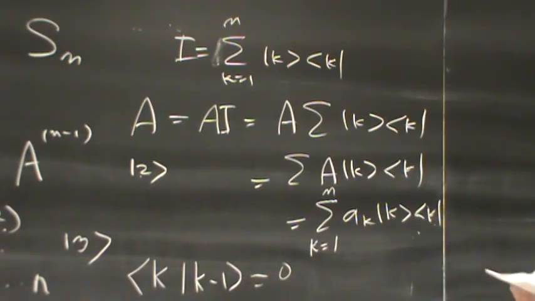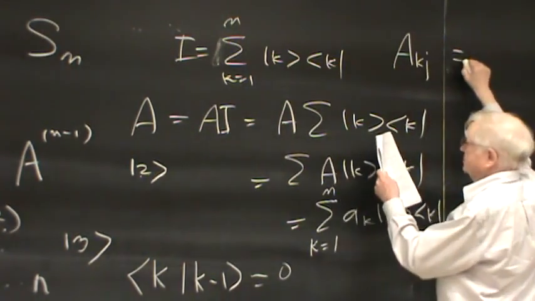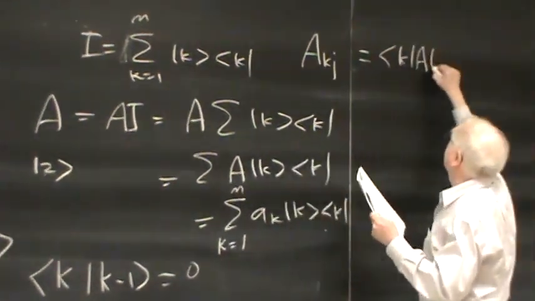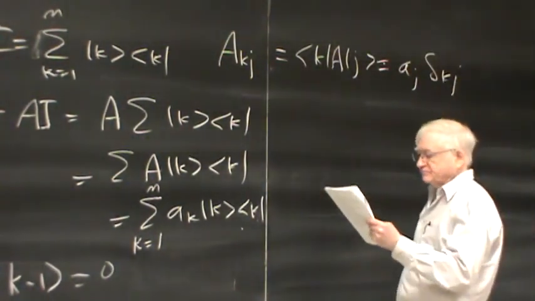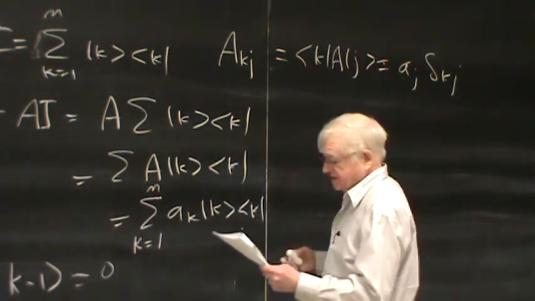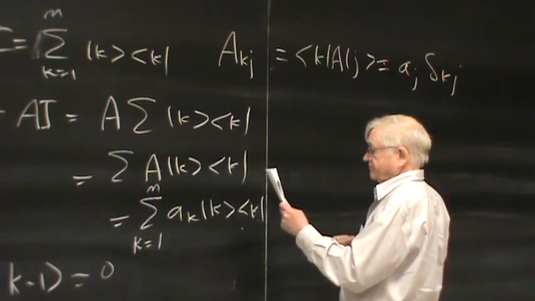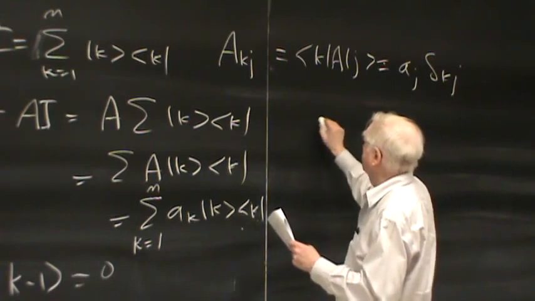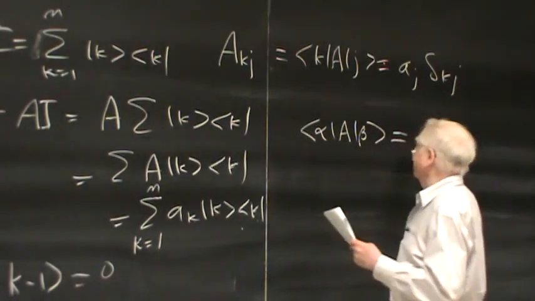Okay, now, in this basis, the matrix representing the linear operator is diagonal, and we call it A_kj, which would be A_j delta_kj. On the other hand, if you take the linear operator in any other basis, maybe I should call it alpha A, so I'm writing the thing a little bit differently.